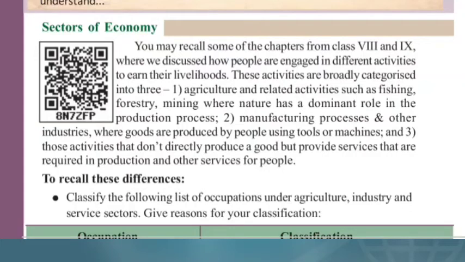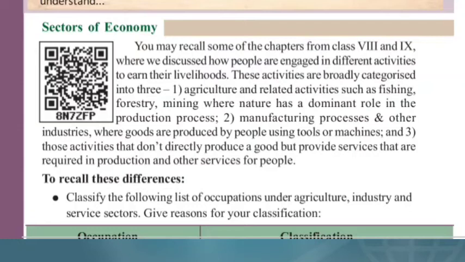In agriculture, who participates in agriculture work or activities? Some people, farmers or laborers, give their services. In the industrial sector, who works there? Some group of people, workers, give their work. Understand? But the service sector, so these are all interdependent.